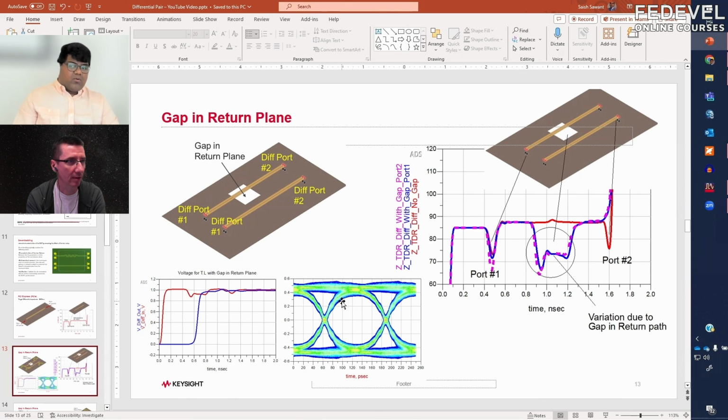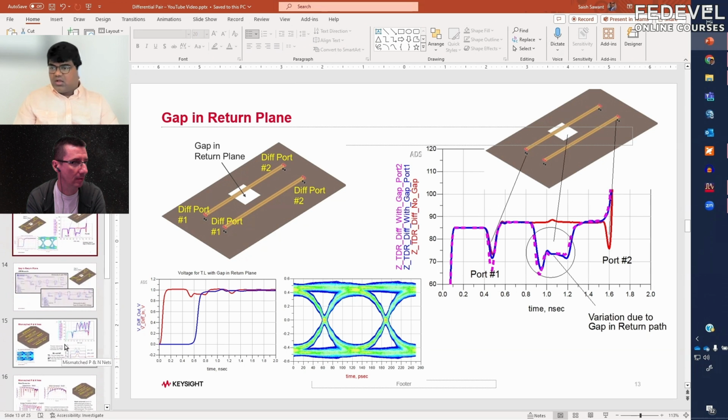So how does it look in frequency domain? Do you have pictures? No, I don't have a frequency response picture of this, but the other thing that I want to show is that there are reflections happening because of this ground gap, but they are not of a very high magnitude.